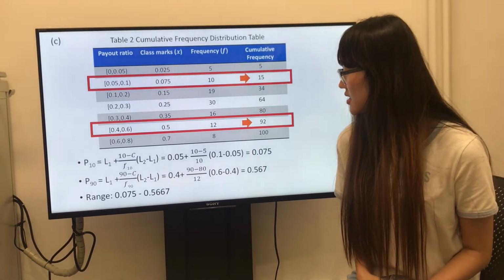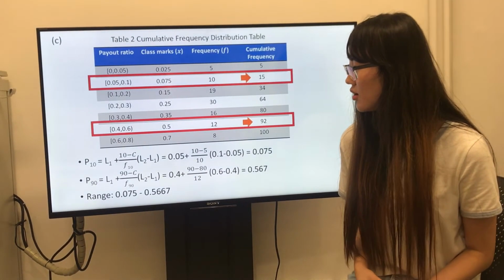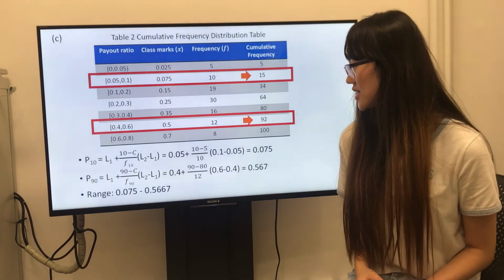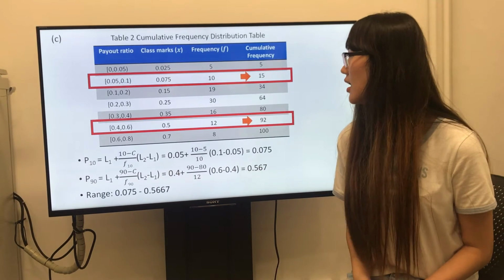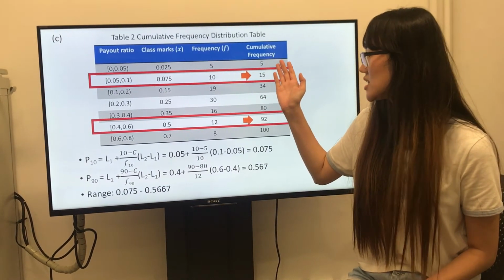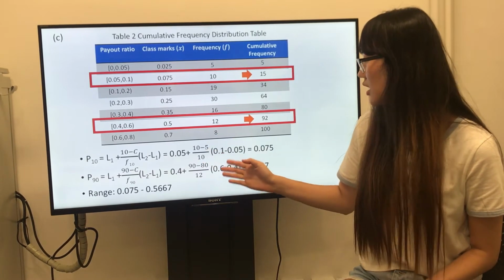L1 stands for the lower boundary of this class, L2 is the upper boundary of this class, and C is the cumulative frequency just before this class, which is 5 for P10, and for P90 it will be 80.